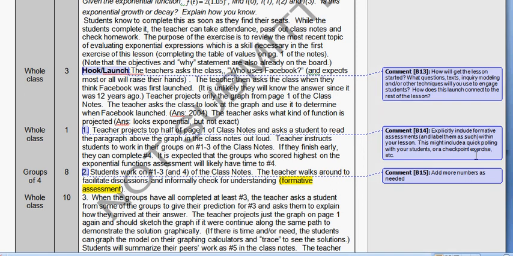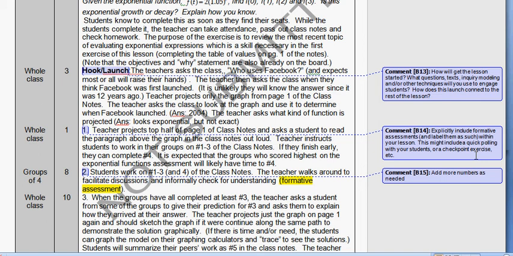And as it says in the comments, you want to explicitly include any formative assessments and label them as such within the lesson. So anytime you're doing either like an informal check, or maybe you're walking around and polling your students or having a conversation with your students, or it's your way of checking that the students are following along, you want to explicitly write that in your lesson plan, because as part of the EdTPA, you're going to have to talk about how you're assessing.